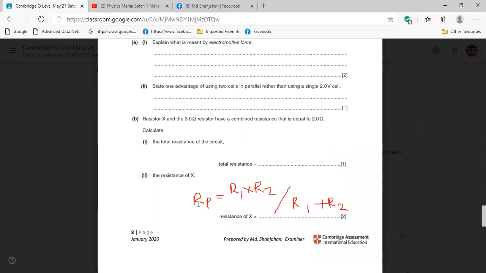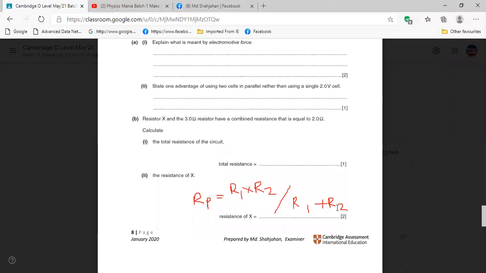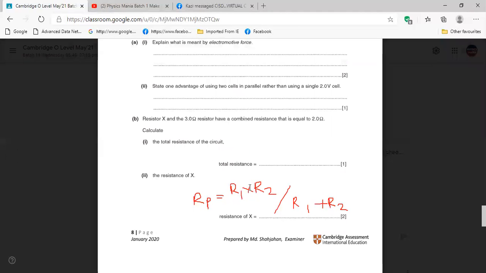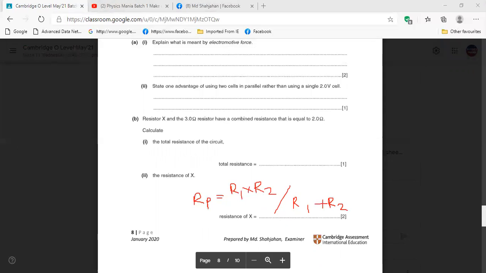Then it will be 3 to the 6, 6 plus 2 R2, 2x. Then you have 3x again. So you calculate now. The value of x is 6. Yes, sir, 6 ohms, correct.